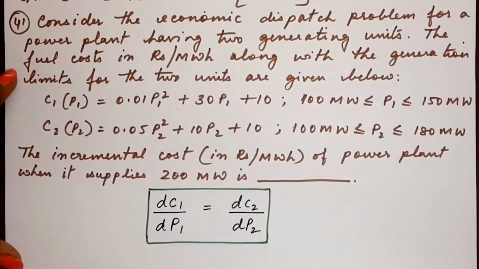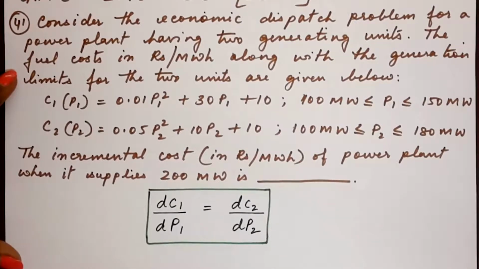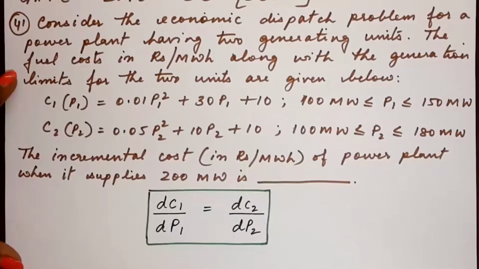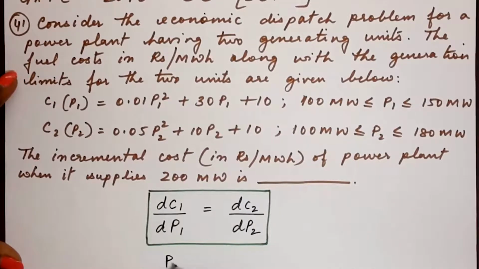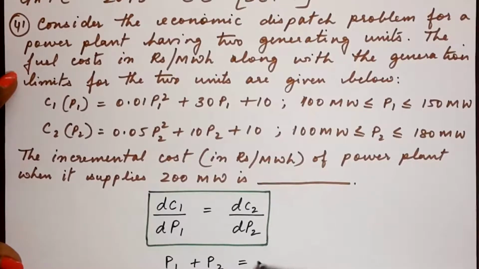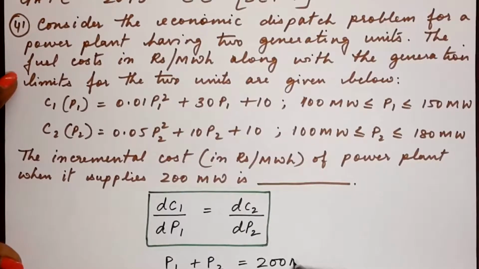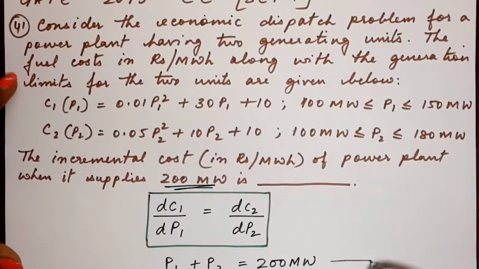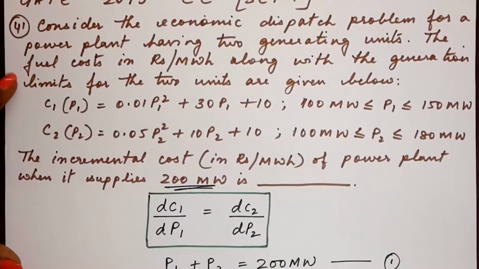Now, the question says that the incremental cost is to be found when it supplies 200 megawatts, which means P1 plus P2 equals 200 megawatts. Now let's call this equation 1.